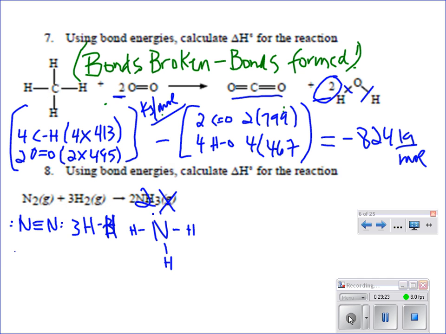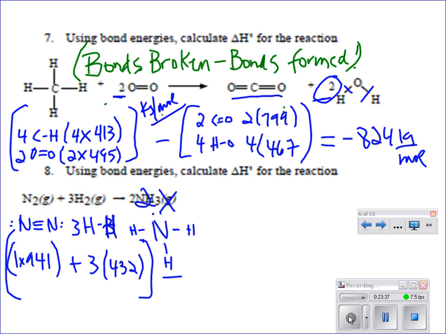So we're breaking 1 triple bond, bonds broken, 1 times 941, plus 3 times 432, minus, how many N-H bonds are we forming?